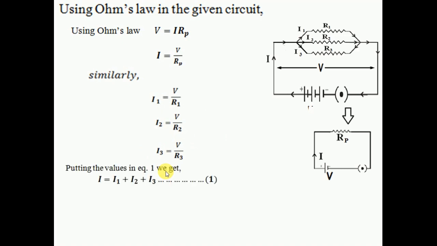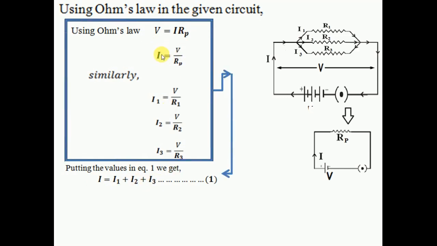So we'll put the values of I1, I2, I3 in the equation that we have got in the previous slide, that is I is equal to I1 plus I2 plus I3. Now I'll put the values. Instead of I, I'm putting V by Rp. Instead of I1 I'm putting V by R1, similarly V by R2 and V by R3.